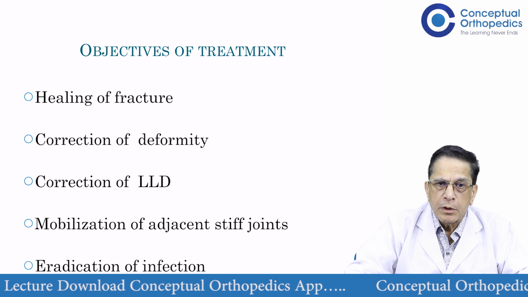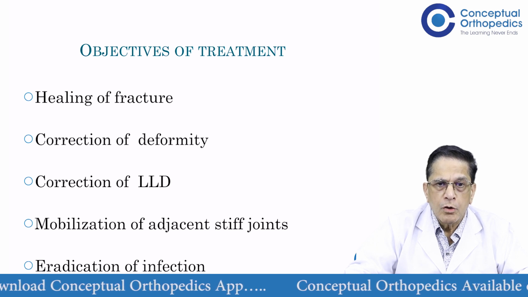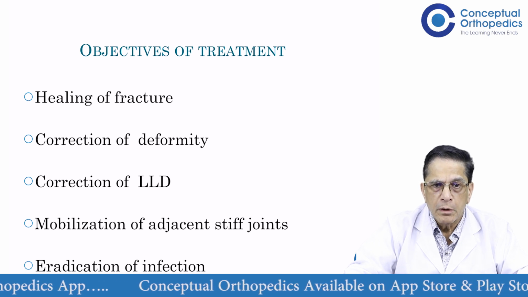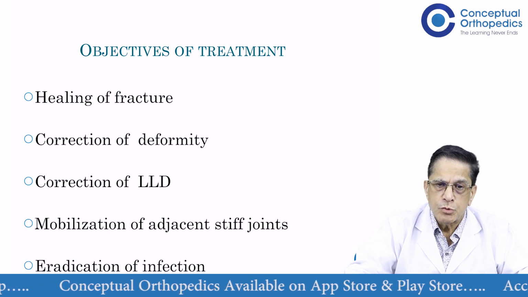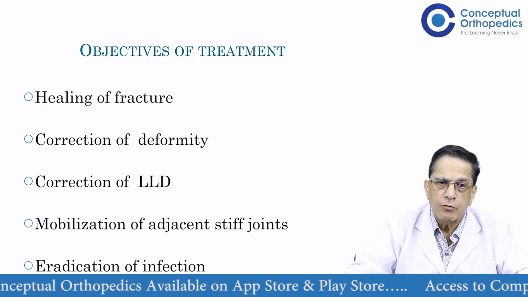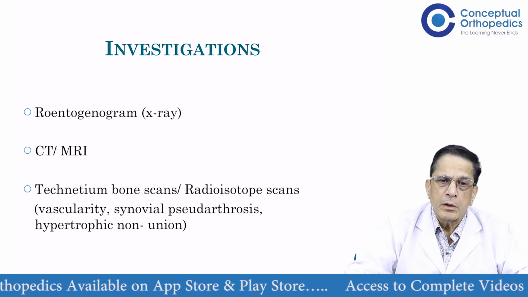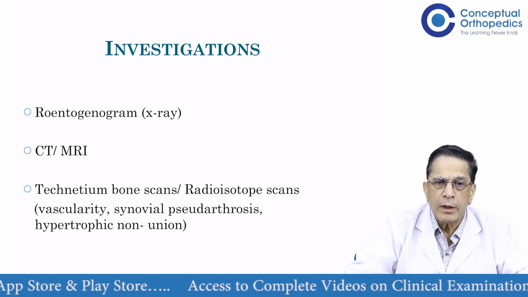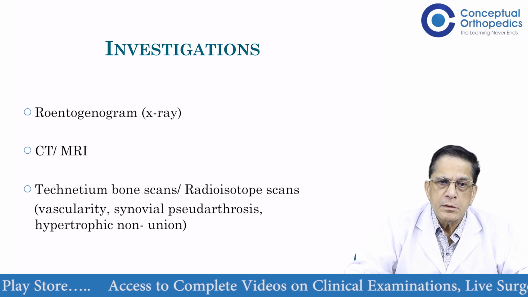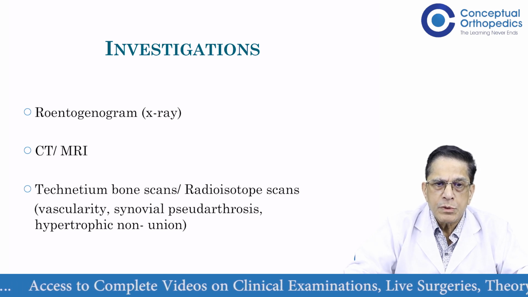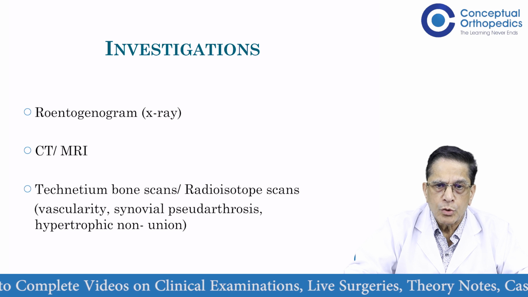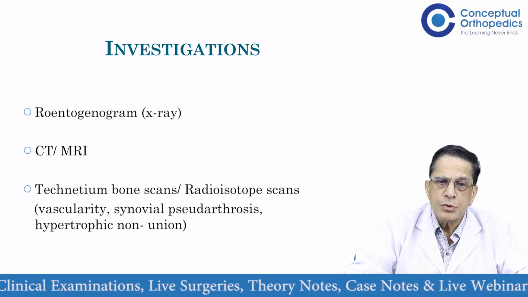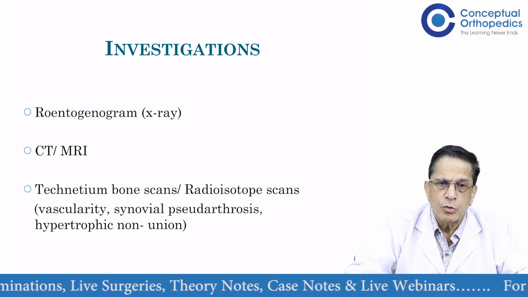The objectives of treatment are healing of fracture, correction of deformity, correction of limb length discrepancy, mobilization of adjacent stiff joints, and eradication of infection if it is there. The investigations which are required are, in addition to the blood profile, plain X-rays, CT, MRI, and sometimes a technetium bone scan or radioisotope scan, which gives an idea about the vascularity, synovial pseudoarthrosis, and hypertrophic non-union.